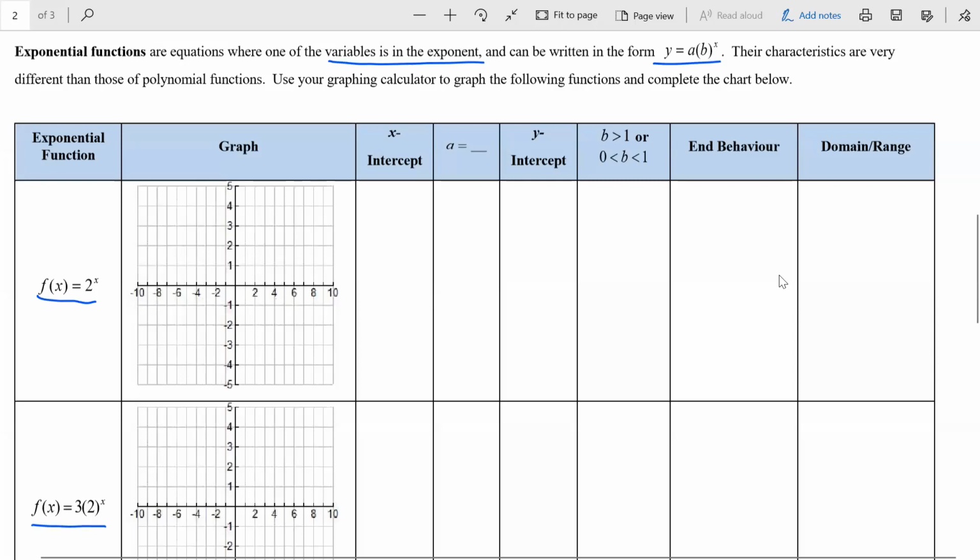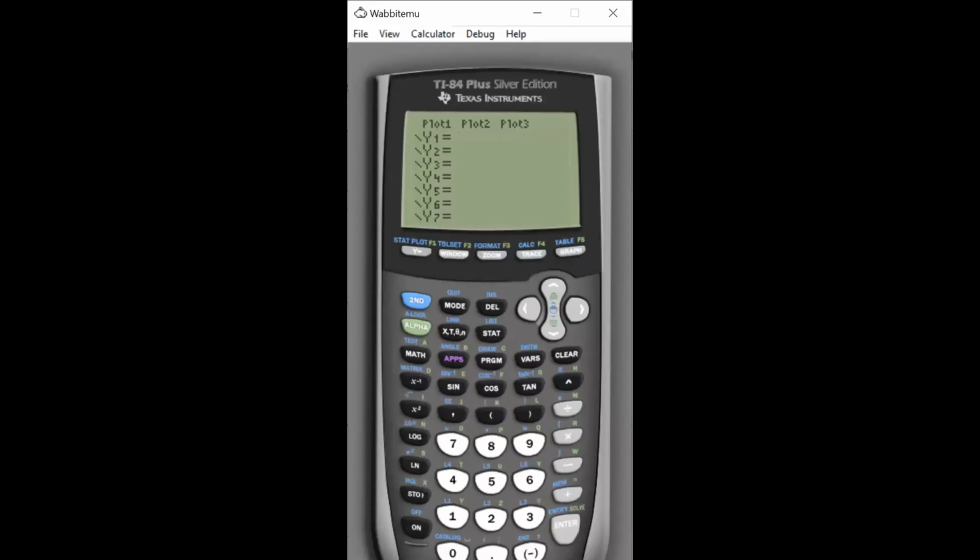Okay, so you went and graphed these things, and here's what you would get. It's going to look something like this. Now, in fact, I'm going to show you my calculator, and I'm going to show you that your calculator does a very poor job of graphing these things.